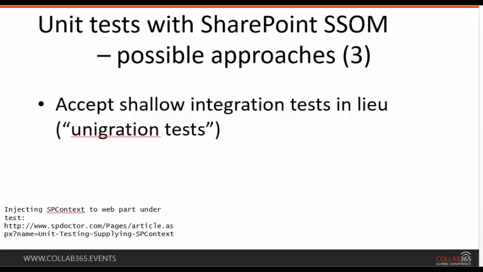So there is a case for actually running against a real instance of SharePoint, perhaps a version running locally for test purposes with test data. But with an actual SharePoint instance, we can't technically say that they're unit tests. We could say that they're very shallow integration tests. One of my friends calls them unigration tests, which I think is quite a good name for it.